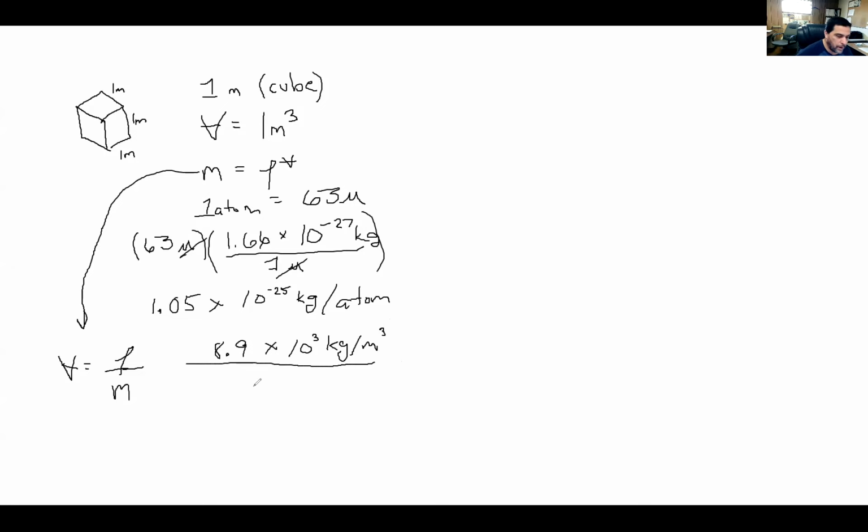And we also know from up above here that each atom has a mass of 1.05 times 10 to the 25th kilograms per atom. So its density we're given as kilograms per meter cubed, and this mass that we determined, we have kilograms per atom.